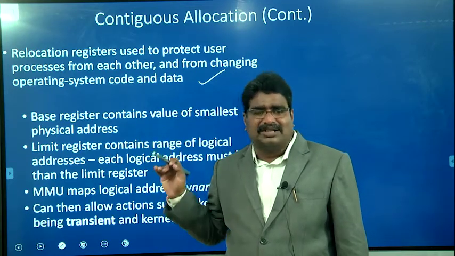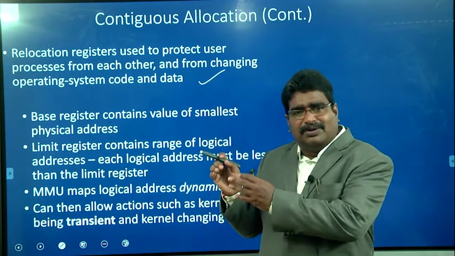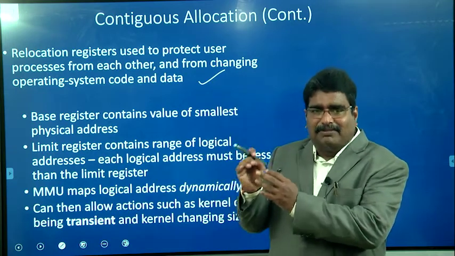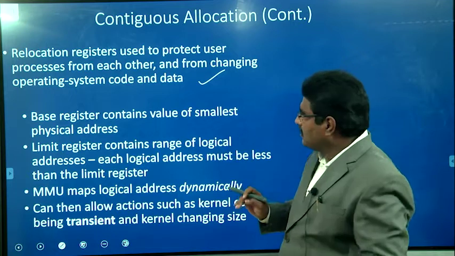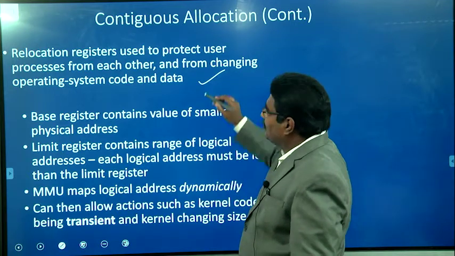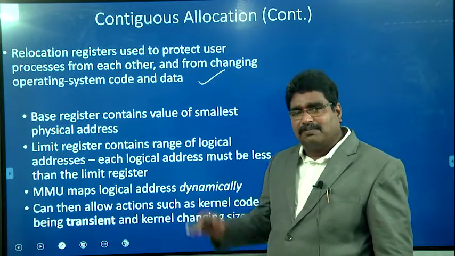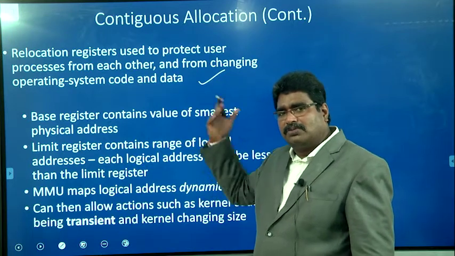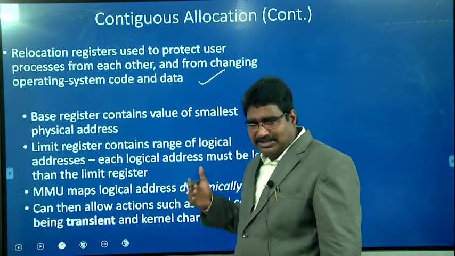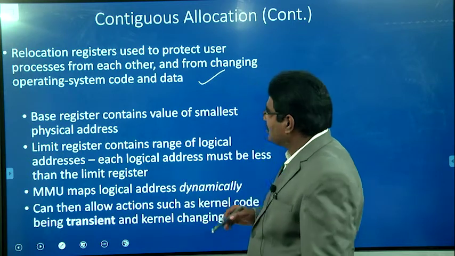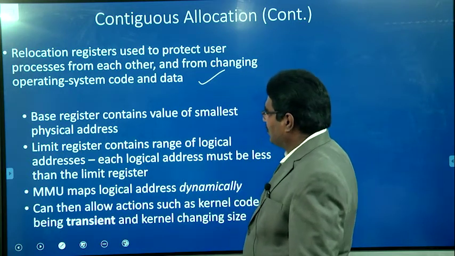If the logical address is valid, the process is allowed to access only the memory allocated to that particular process. So using the relocation register, the process cannot access the operating system's data or instructions. In that way it provides protection.